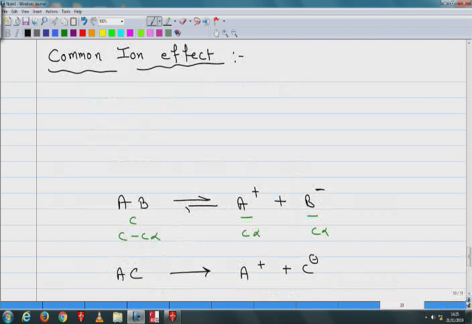Okay. So now I'll write its definition. If it is clear to everyone, now you can start copying that.